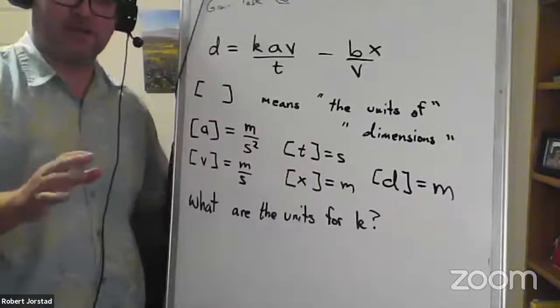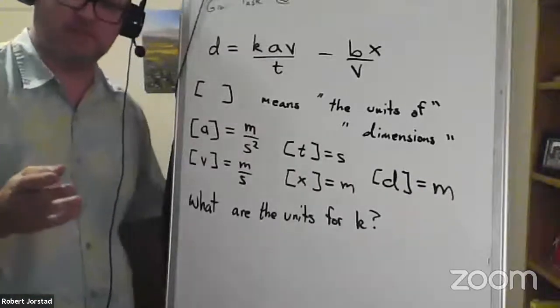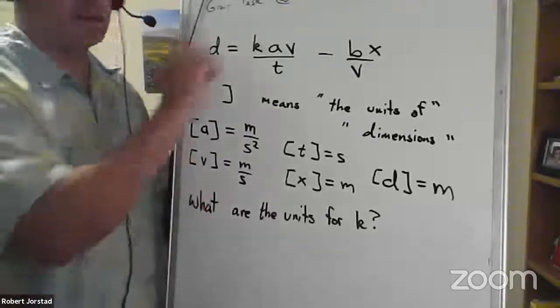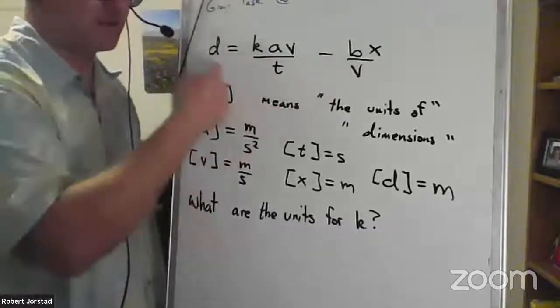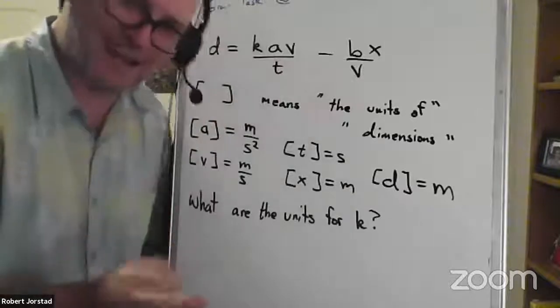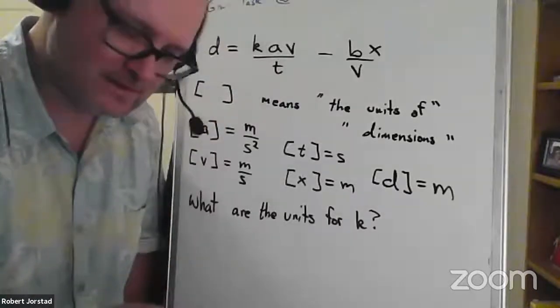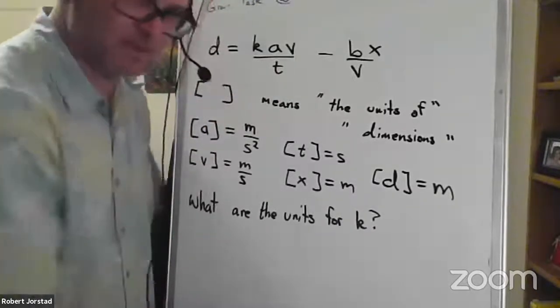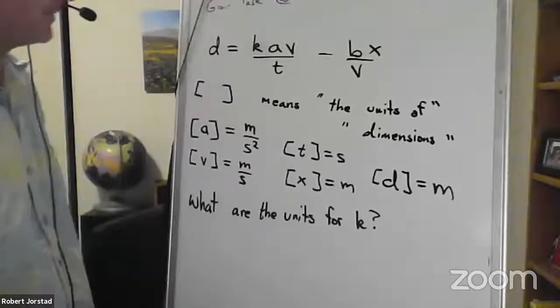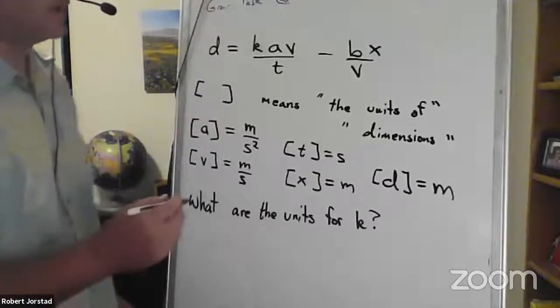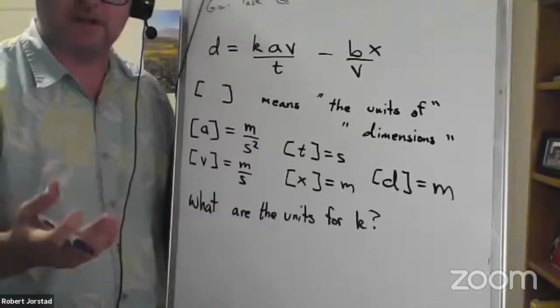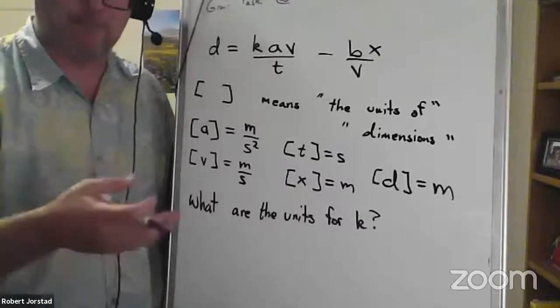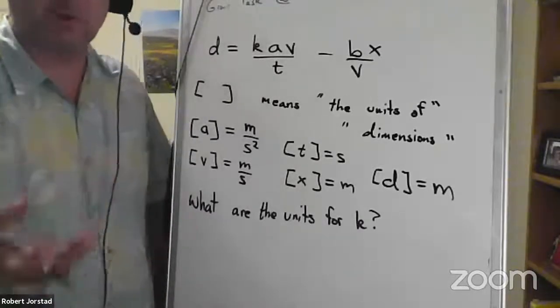Before we jump in, what I usually see people do when they first start is they start doing algebra and they solve this crap for K. We do not want to do that. There's a step you could do first, which makes your life a lot easier. Take a look here. You guys probably have heard the phrase, you could only add apples to apples and oranges to oranges.